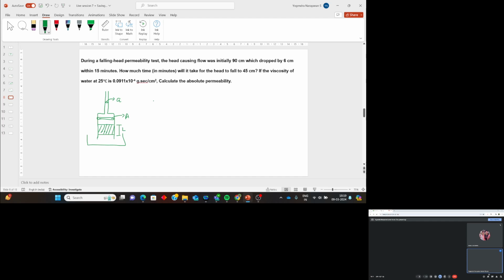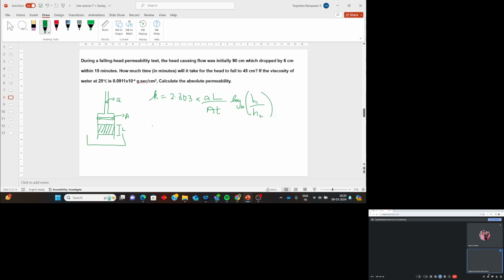Now, what is the formula for falling head permeameter? k equals 2.303 into small a into L by capital A into t, into log to the base 10 of h1 by h2.